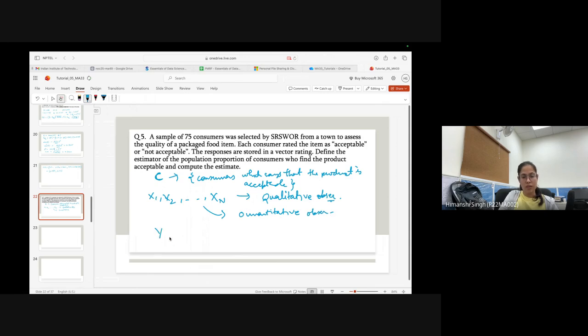I will construct yi's such that each yi is 1 if the ith person says acceptable, or I can say if the ith person is in class C, and it is 0 if the ith person says not acceptable. I'm constructing yi's in such a way. Here I have written it mathematically.